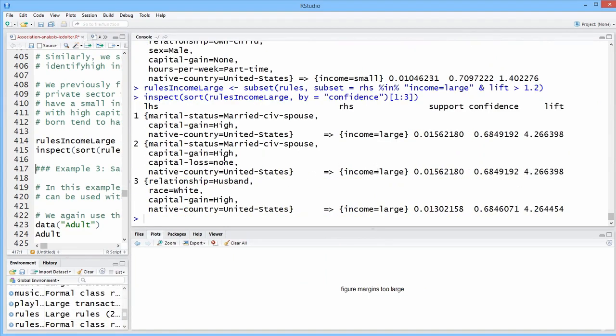So you get a sense in this example that you can tease out a wider diversity, a wider variety of informative, actionable rules beyond simply using it for market basket analysis, where products are bought or occur together.